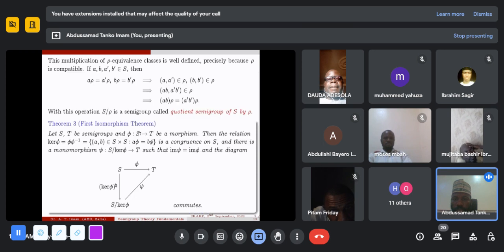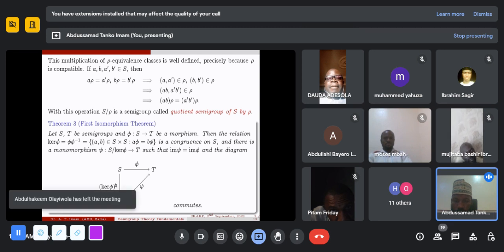So if you look at this diagram, it reveals everything, because elements here are kernel equivalence classes. If you take a class, you map it to the image of the generating element, or the class representative inside here, the image under phi. And that is what we did even in group theory.